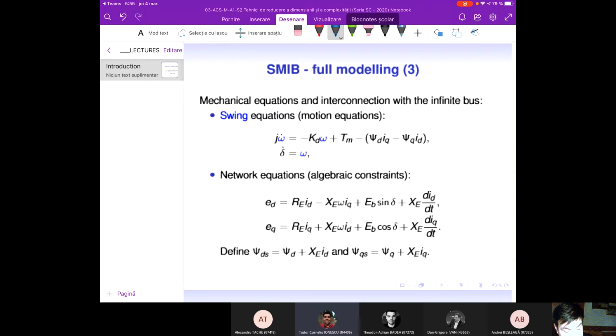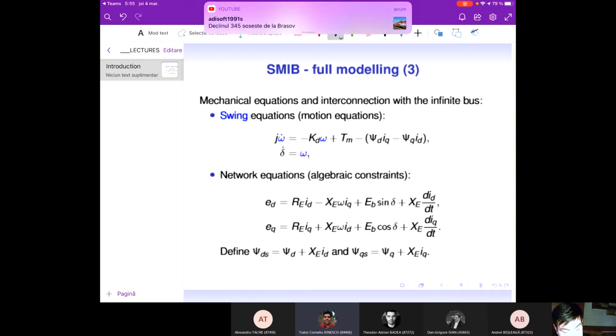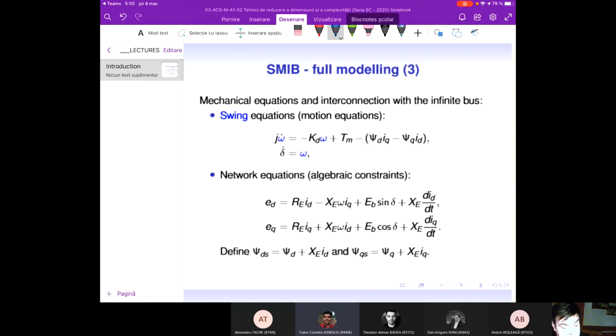J is the inertia of the rotor, omega is the angular velocity, omega dot is the angular acceleration, and this is the equation that is governing the motion of the rotor.